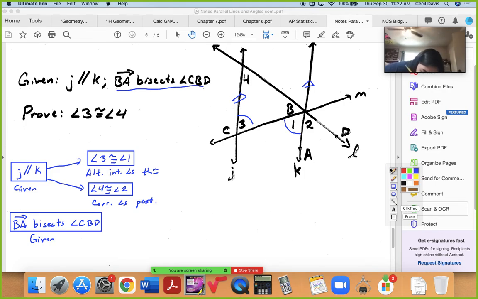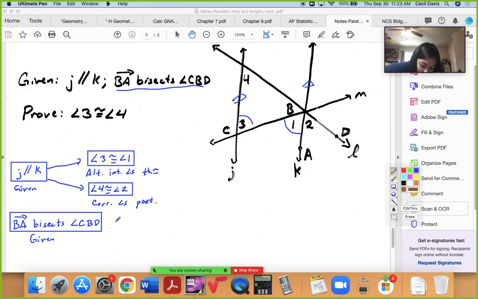A bisector divides one angle into 2 congruent angles. You have to know what it says because otherwise you won't be able to make the right conclusion. You're not going to have to state it word for word, but if you don't know it, you're going to have trouble making the right conclusion.